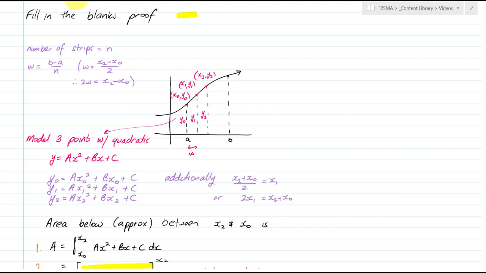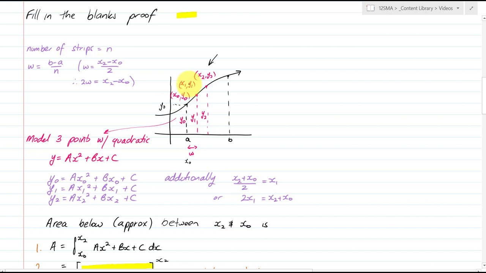We're going to use a function here. I've drawn it. We're going to find an estimate of the area between a and b. I've got all my heights as y0, y1, y2, etc., and these are my coordinates. So this is x0, and it goes to y0, so that's y0 there, and so on and so forth.